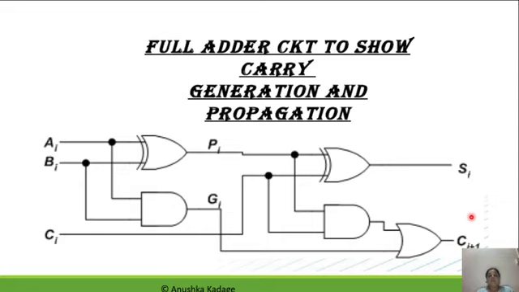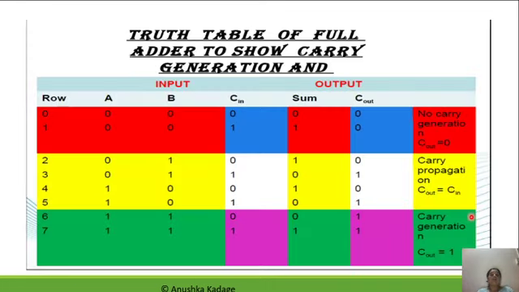Now let's look at how this particular carry propagation and generation block of the logic diagram has been prepared. And for that we have to go to the truth table of the full adder again. Whether I am using a truth table for 4-bit or single bit doesn't matter, because we are going to do the operation of a single bit addition at a time when we are considering parallel adders also.